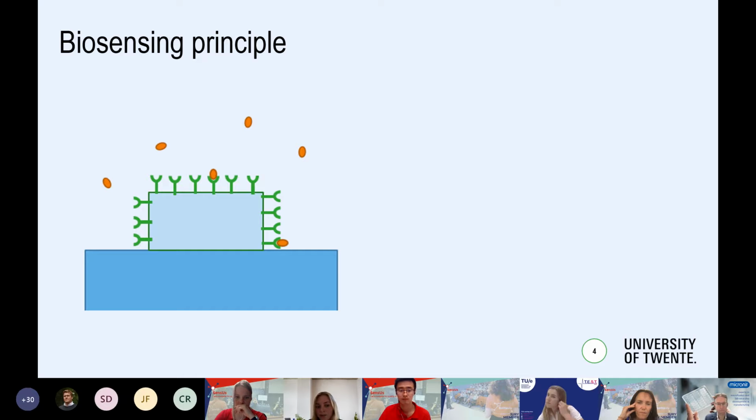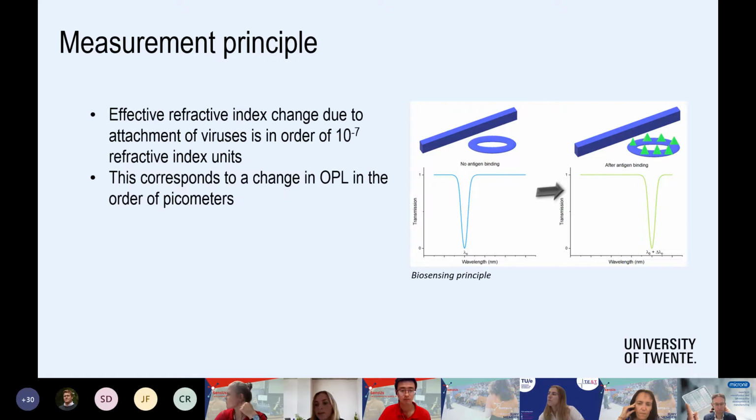The rings are functionalized with antibodies to which the antigens get bound, as you can also see in the picture. The effective refractive index change due to the attachment of the virus is on the order of 10^-7 refractive index units. This corresponds to a change in the optical path length on the order of picometers. The change is linearly proportional to the virus concentration, as you can also see in the graph on the left side of the slide.